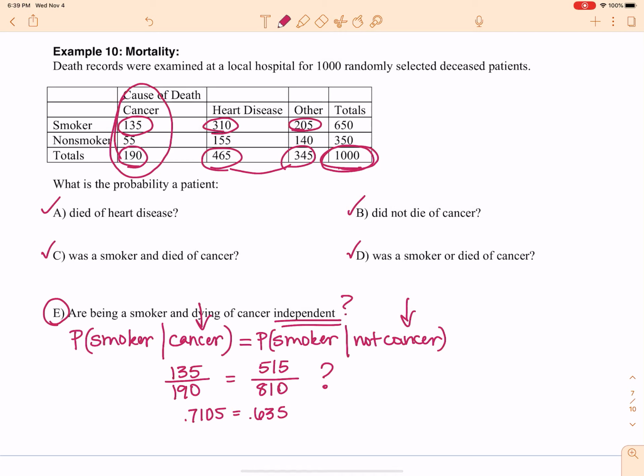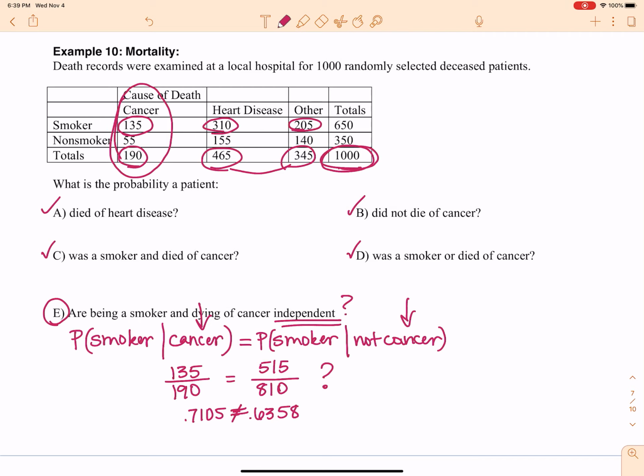Okay, as you can see, the probability of being a smoker, given you died of cancer, is not equal to the probability of being a smoker if you didn't die of cancer. So the question here is, are these two independent?